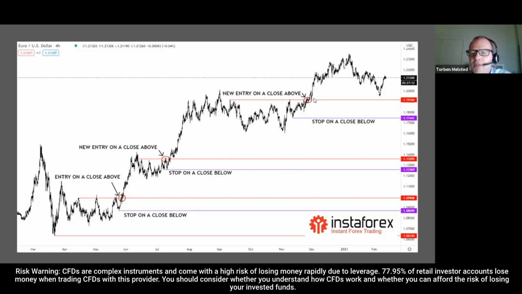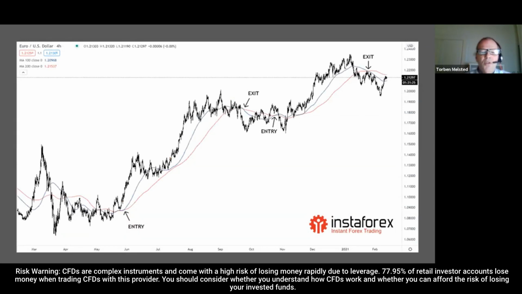If you have an entry over here near 119, I would have expected that you have moved it along. But if you have a very long period now, you should be able to take it up here at least and secure profit no matter what happens.